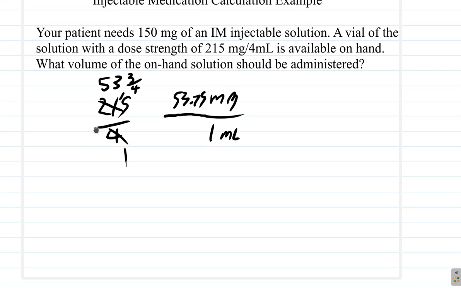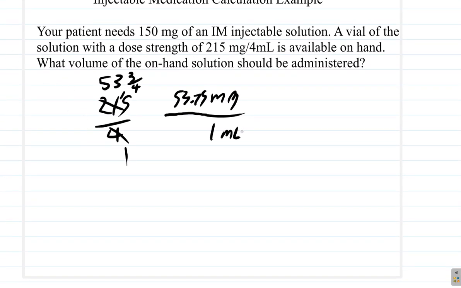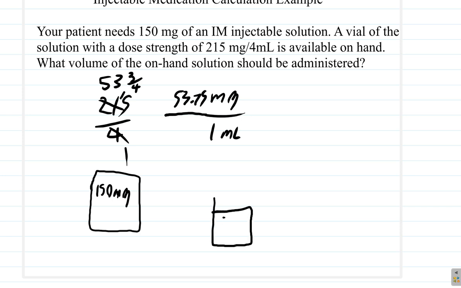Here you can see that you should administer more than 1 milliliter, because if you have 150 milligrams and you have only 53.75 milligrams, and this is 1 milliliter, the 150 milligrams will be more than twice, a little under 3 times the milliliter.